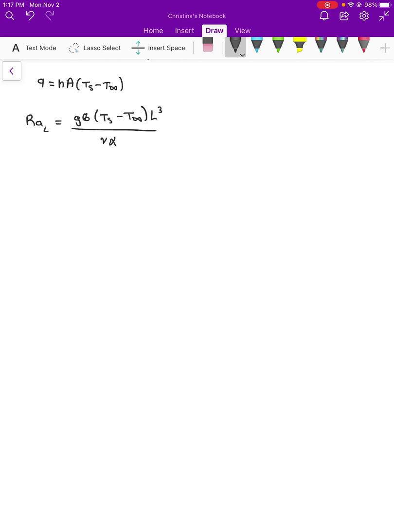The values for beta, nu, and alpha must be resolved at the film temperature, which is the average between 22 and 32 degrees Celsius.